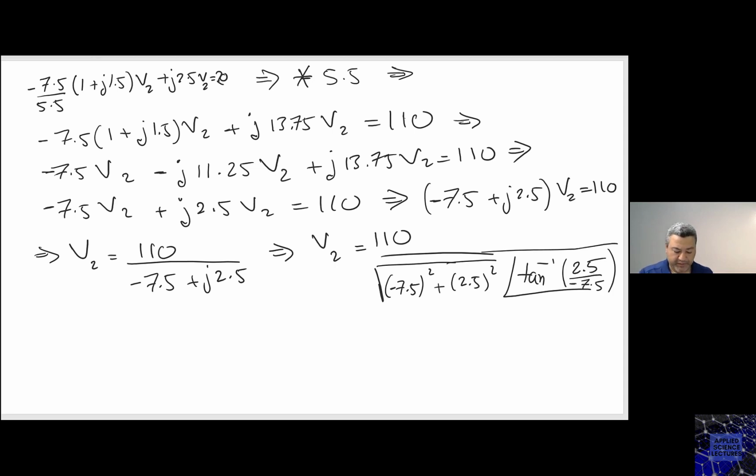Be careful with the phase angle, which quadrant. So we have here the square root, 7.91, tan inverse of 2.5 divided by minus 7.5.